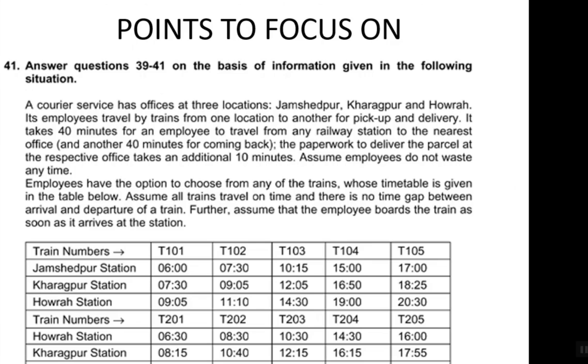So let's have a look at the questions individually. The prerequisite for the question is to understand that this person will travel from any railway station to the nearest office in 40 minutes, which is already given, irrespective of the conditions that might be given in the question.